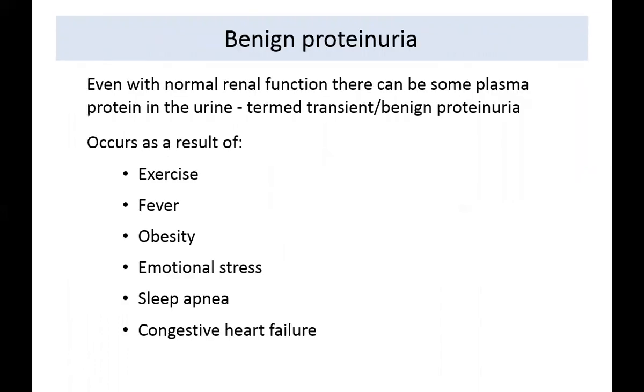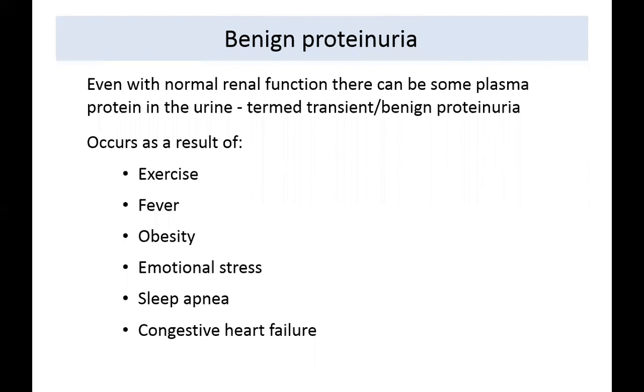You can get protein in the urine without having disease. So it's called benign proteinuria. It occurs as a result of not just exercise, but excessive exercise, very heavy exercise, certain fevers, obesity, stress.